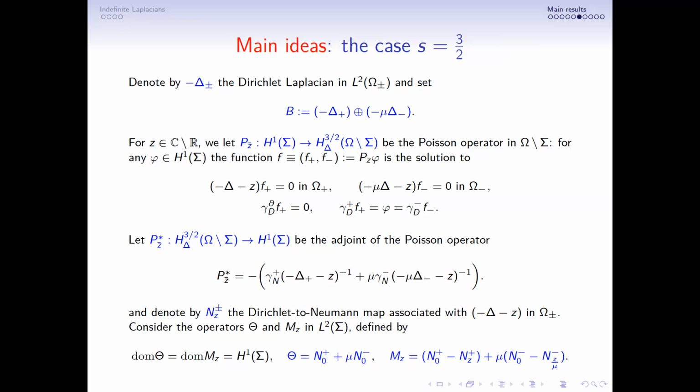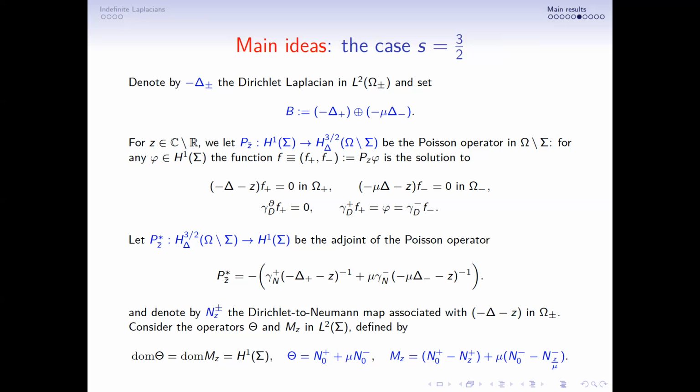Maybe some people here are familiar with this boundary triple theory. So this is in fact the relation that we have in the transmission condition, and this is the Weyl function, and the Poisson operator is in fact the gamma function.